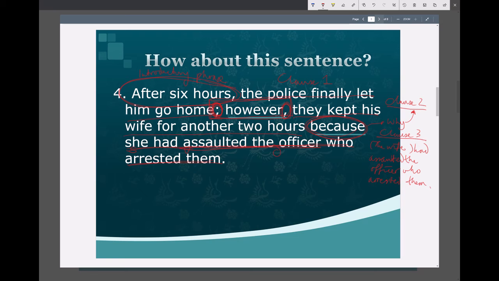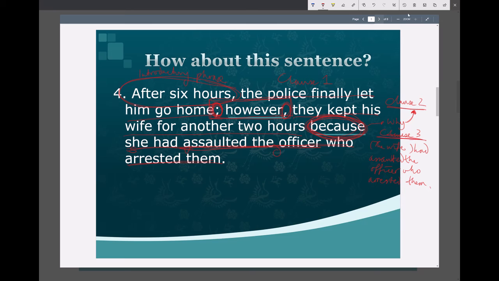So she had to stay longer because her actions are more severe, worse. We don't know what the husband did, but the wife did something more, which made the police keep her for another 2 hours. And the connecting word here is because, which connects clause 2 and 3 together.